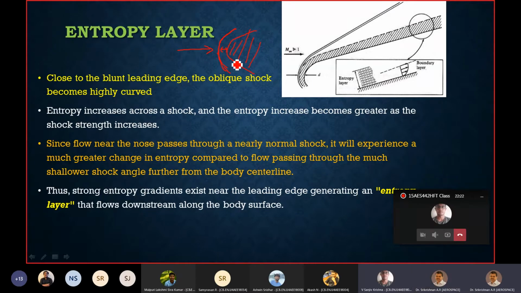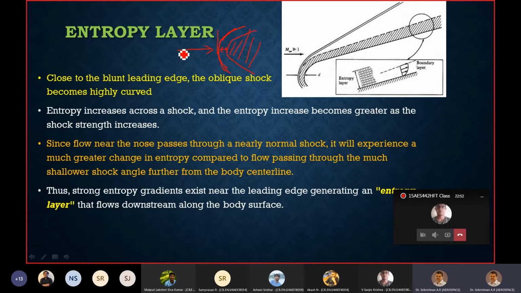If we take a tangent to the curve near the center, yes, that's correct, it's a normal shock. When you go up or down, it's an oblique shock. Exactly. So near the center, you have a normal shock region. Away from the center, you have an oblique shock region.